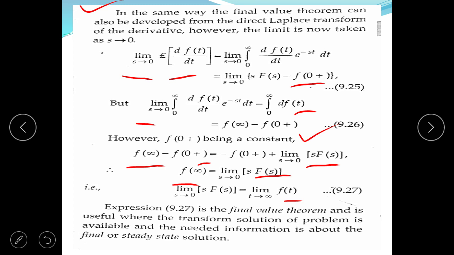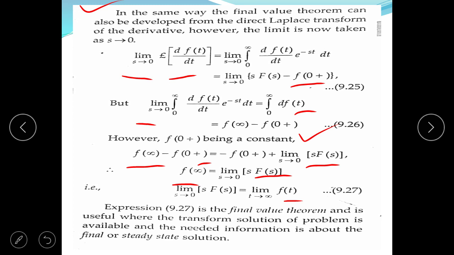This expression is the final value theorem and it is useful where the transform solution of the problem is available and the derived information is about the final or steady state solution.